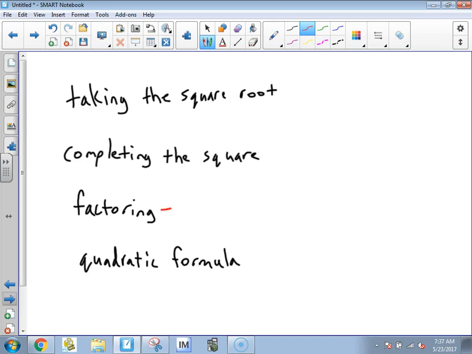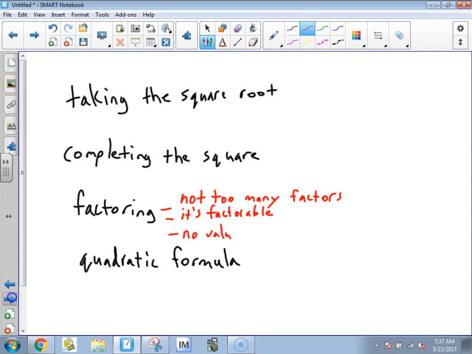So reasons why you would solve by factoring is, well, first off, it might not have too many factors. Or it's factorable. Right? If it's factorable, then it absolutely would be a reason why you solve by factoring. Or it has no value for C, no constant.